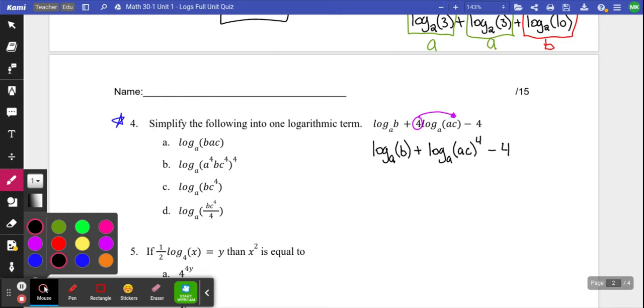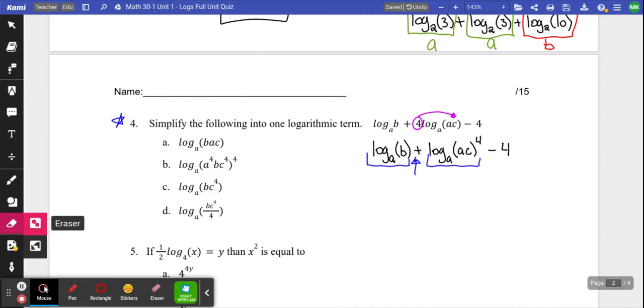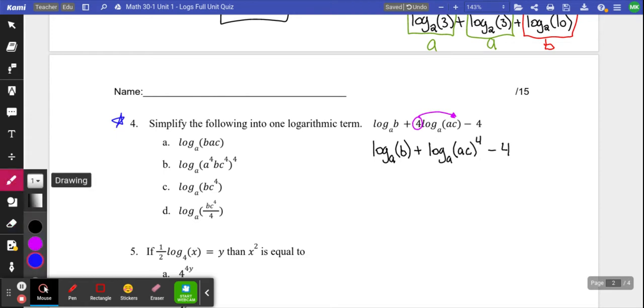The first one is probably people trying to start combining these logs, looking at this and trying to add them together using your multiplication rule. That's not wrong. It's just going to actually muddy the question more than you needed it to. It's going to make things harder. Instead, what I'm going to do is I'm going to bring this exponent in.